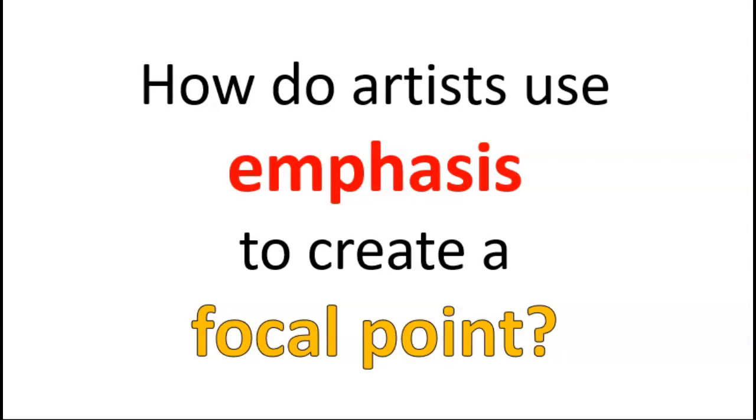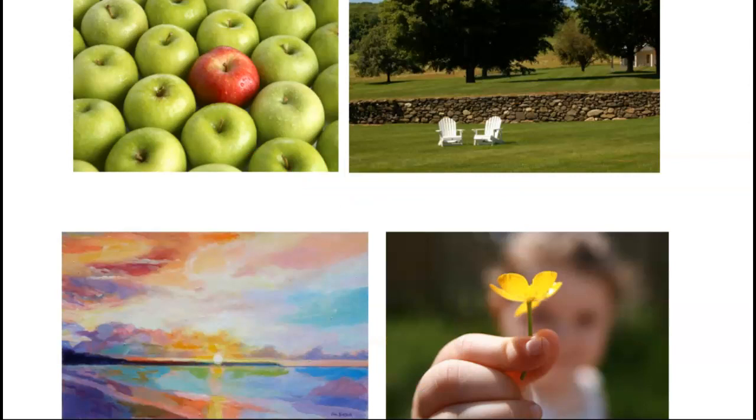That is, what do they put the emphasis on to trick you into looking where they want you to look? As we've already discussed, there are many ways. Contrast, that is making one thing different. Color, the great colors for creating emphasis are red, white, yellow.